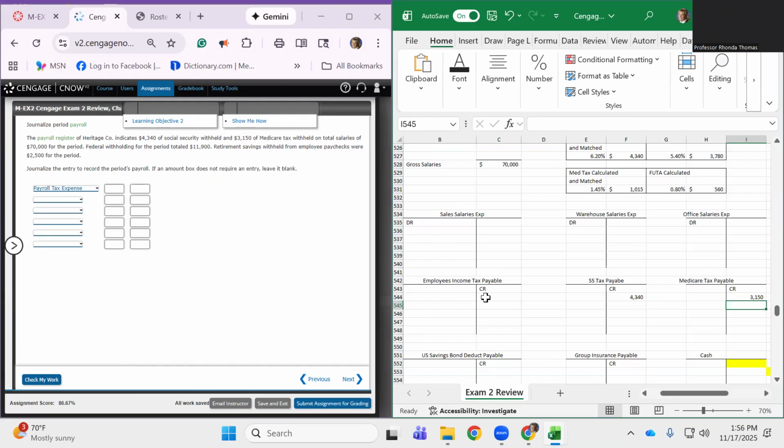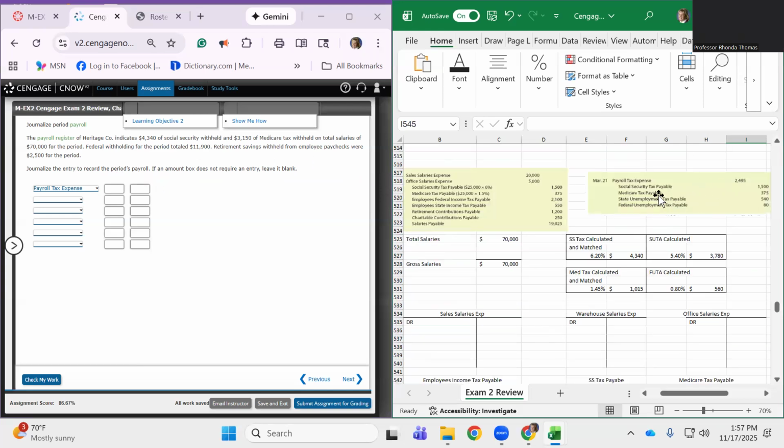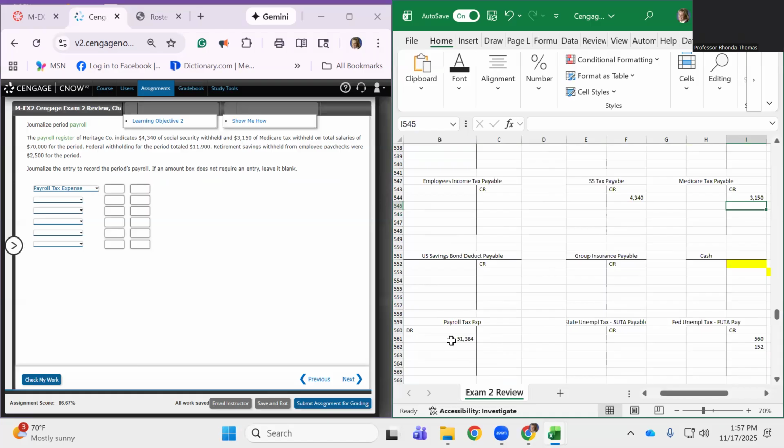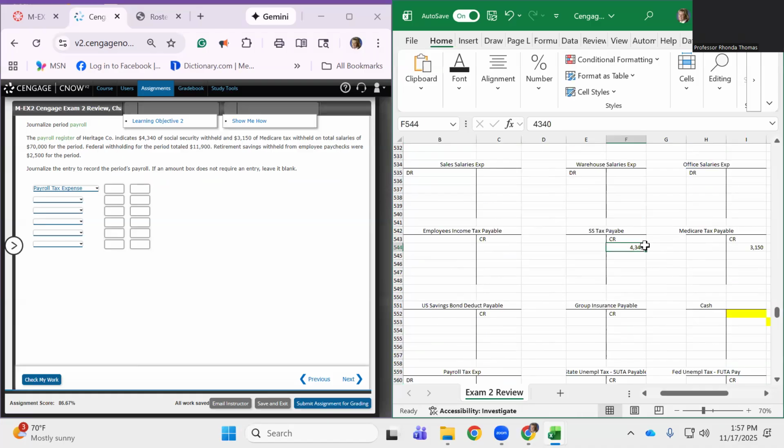Oh, this is not the payroll tax expense. This is the putting in the salaries. Okay. Says journalize to record the period's payroll. So this is not this one. Okay, it was just one line. So here's what we want. Let me take out what I thought it was. My goodness. Okay. So there's no state or federal unemployment, but we are going to put this payable here.